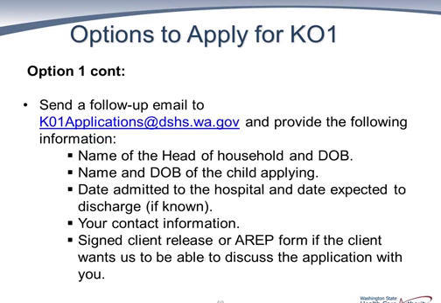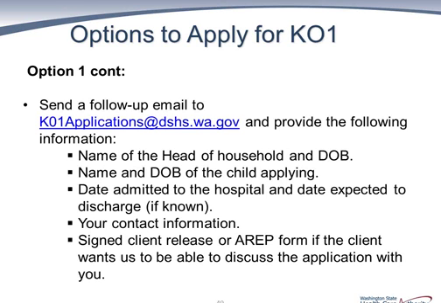And then we would ask, if you're helping a client to apply through this program, that you send a follow-up email to the KO1 applications mailbox at dshs.wa.gov, and then provide us the following information.